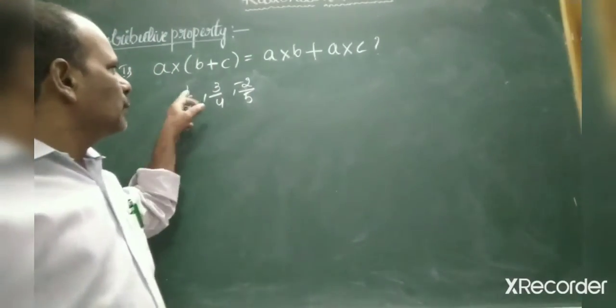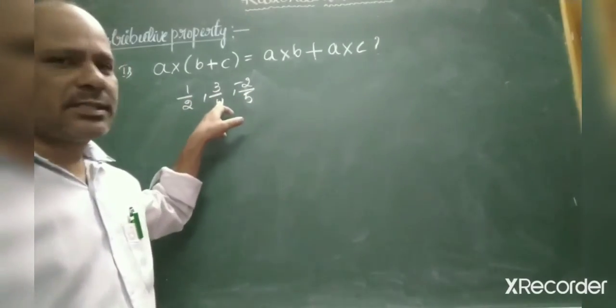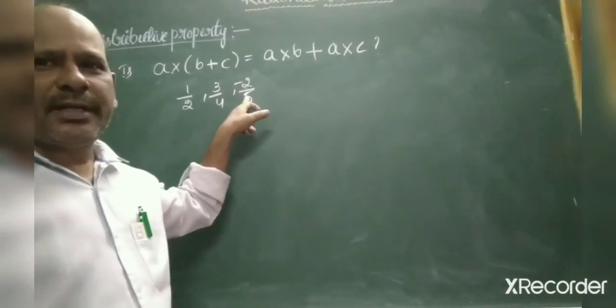Okay, here I am taking three rational numbers 1 by 2, 3 by 4 and minus 2 by 5. Here A is 1 by 2, B is 3 by 4 and C is minus 2 by 5.